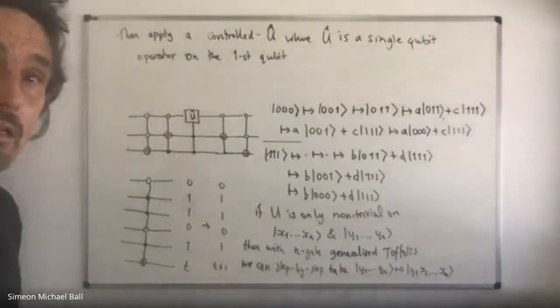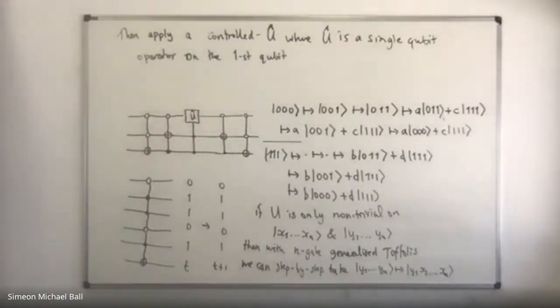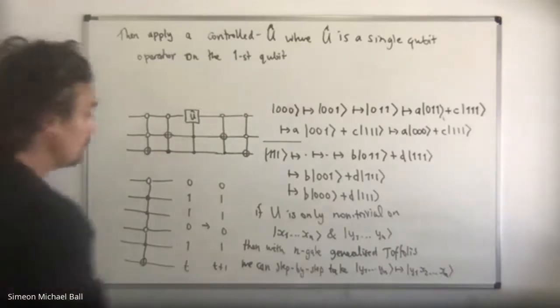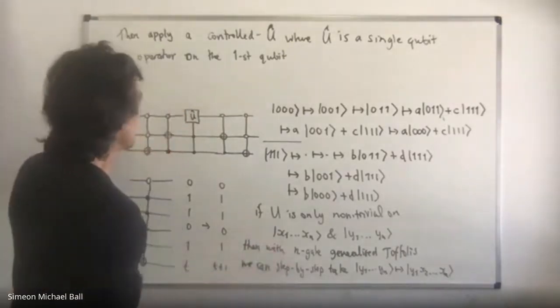Is that clear? I mean, if you really want to try and write it down formally, it's a little bit ugly, but I think you can see that we would need at most n of these things, right?